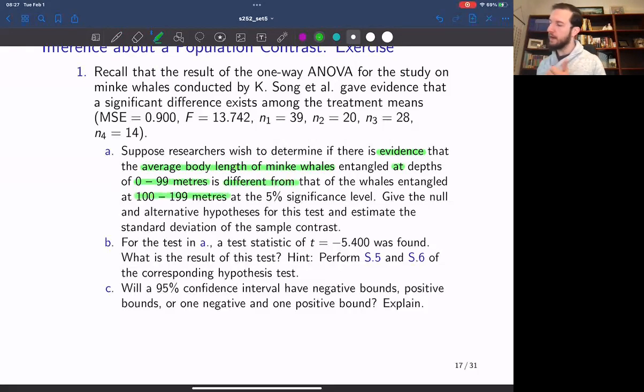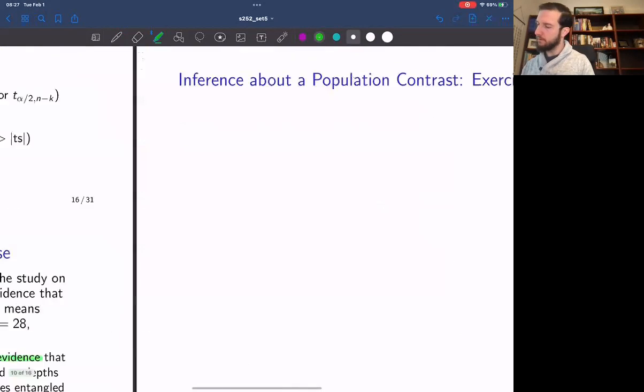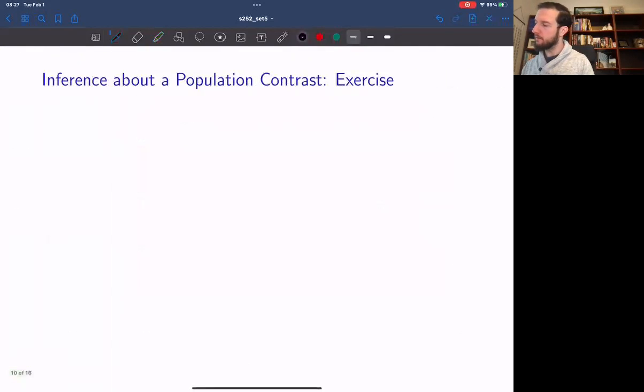So we want evidence that the average body length of whales at 0 to 99 is different from the average at 100 to 199.